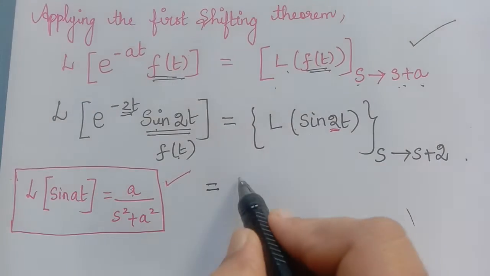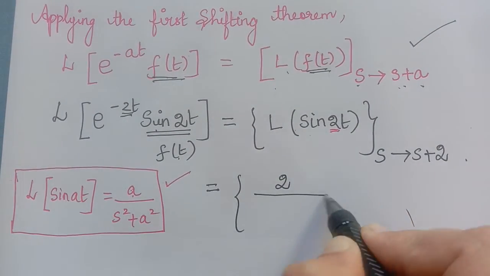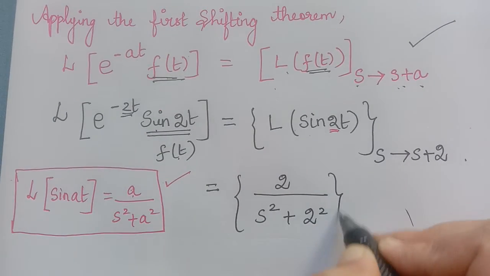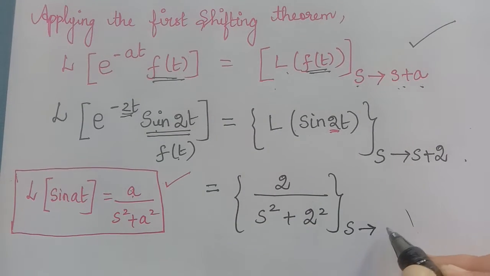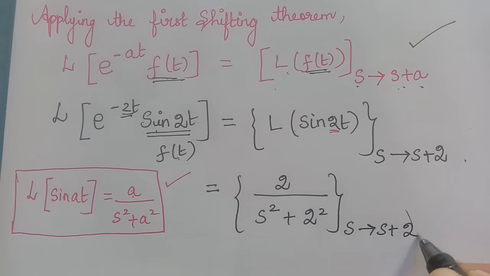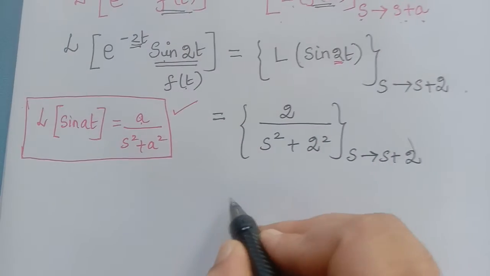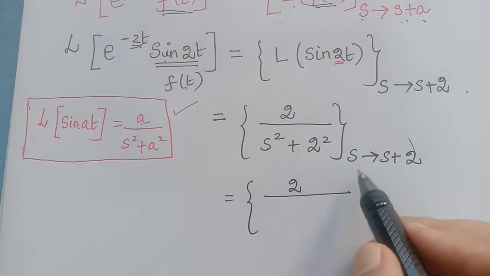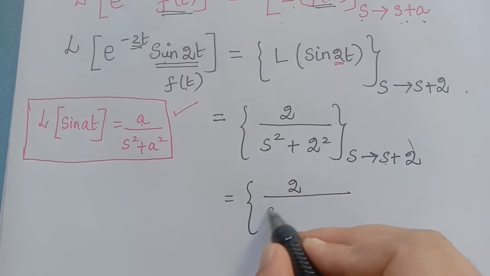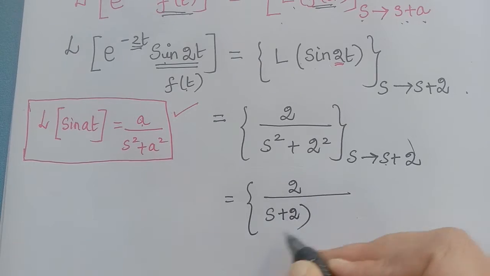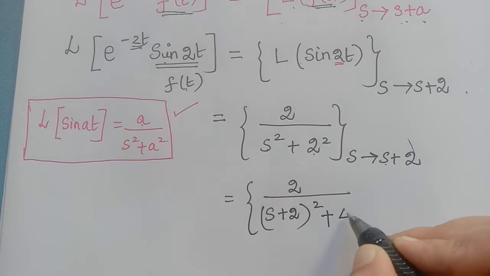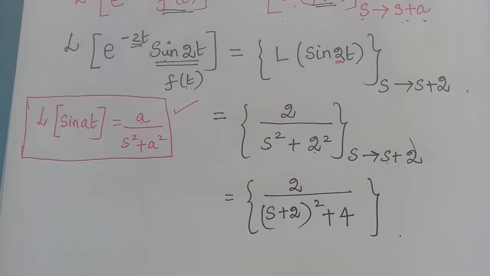So this will be 2 divided by s square plus 2 square. In this we have to replace s by s plus 2, so this will be equal to 2 divided by s plus 2 the whole square plus 2 square, which is 4. So this is the answer.